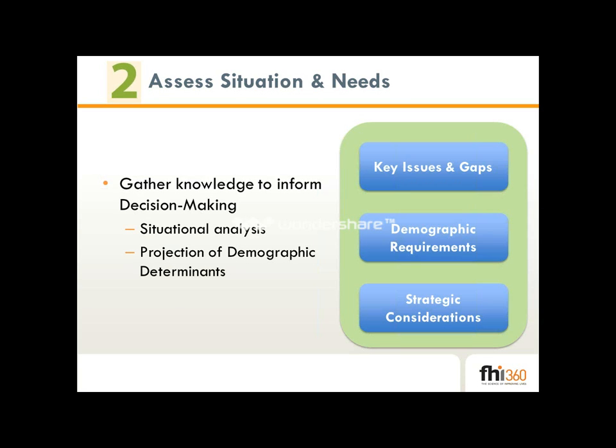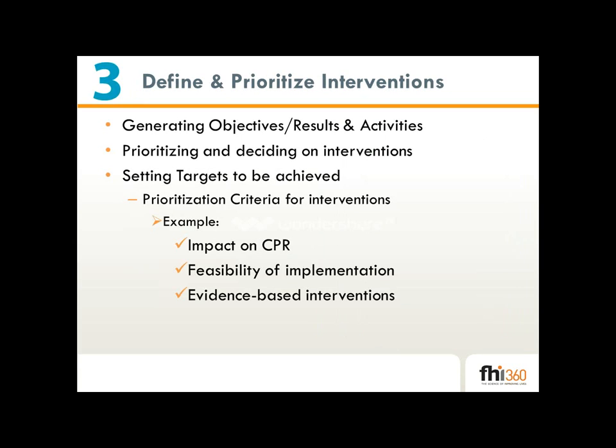After having a very solid understanding of the situation and needs, we move to step 3. In this step, we basically define and prioritize interventions to be undertaken. The outcome to be achieved here is essentially a log frame ready for costing, including a detailed description of interventions and an action plan with targets to be achieved.